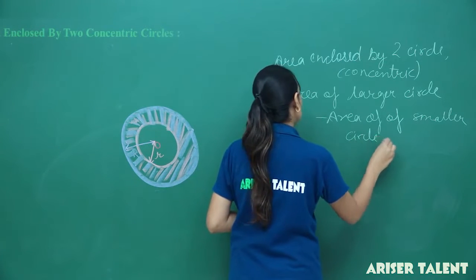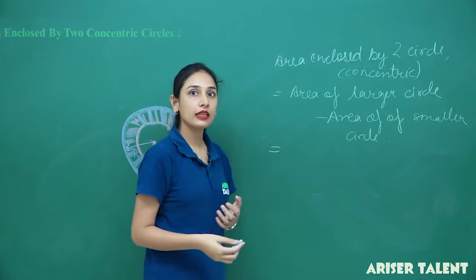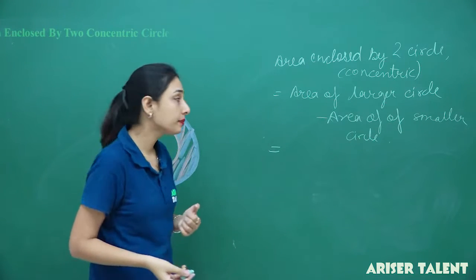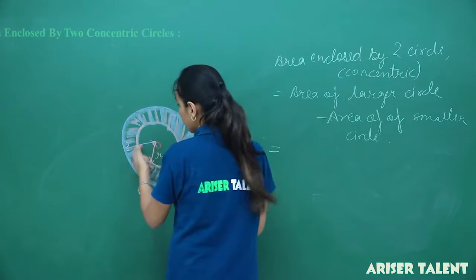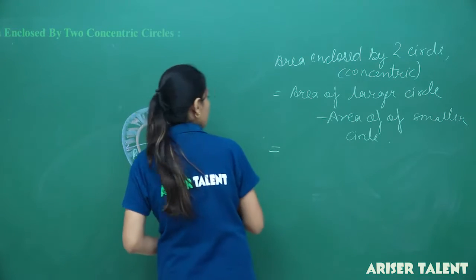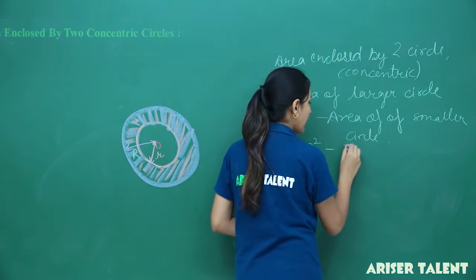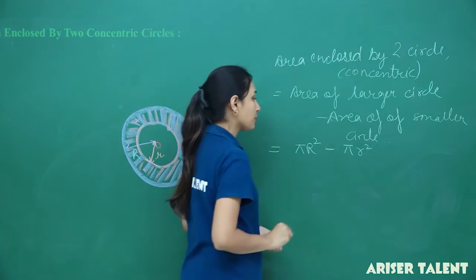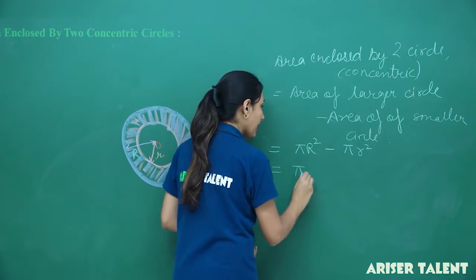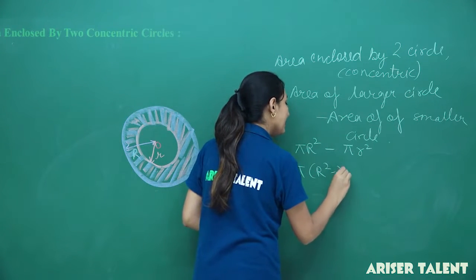Now, if you talk about the area of the larger circle, what is it? The radius is capital R here, so it is pi R squared, minus pi small r squared. So that will be pi times R squared minus r squared.